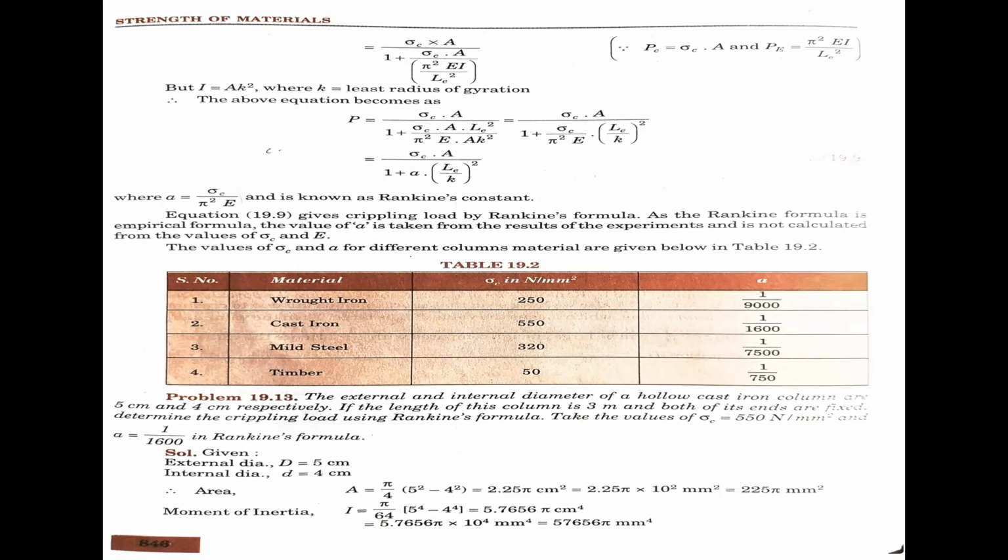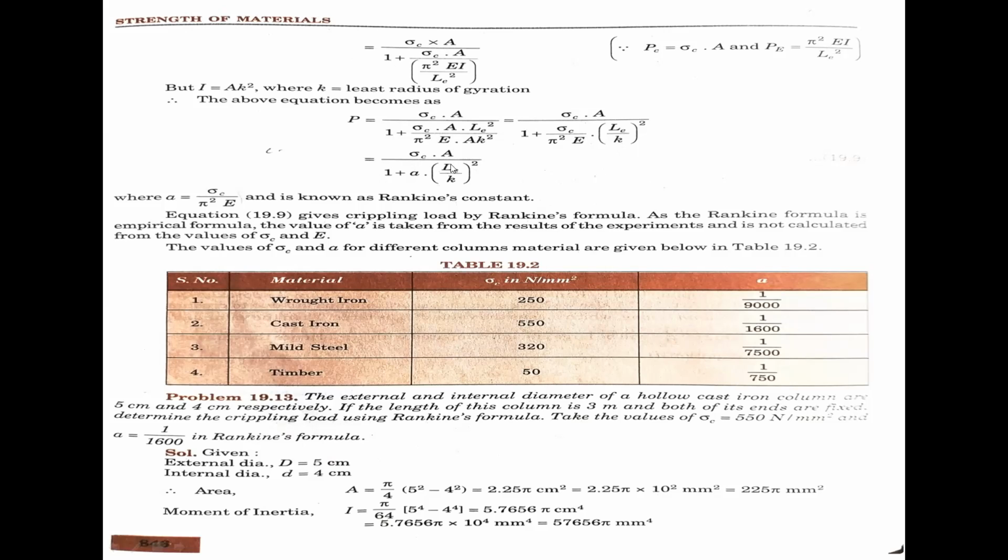I equals A K square, where K equals the least radius of gyration. The above equation becomes, on substituting, P equals sigma C into A divided by 1 plus sigma C into A into Le square divided by pi square E into A K square, which equals sigma C into A divided by 1 plus sigma C by pi square E into Le by K whole square.